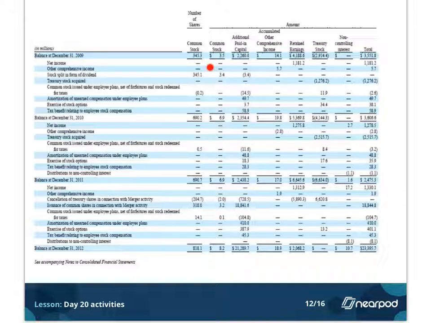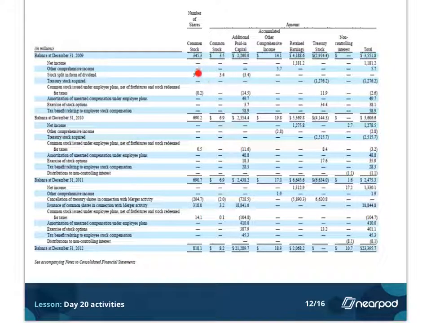Another way you'd look is you could say, look, it came out of paid-in capital and went right into common stock, 3.4, 3.4. So that's how you know there wasn't the market value, which would have been from a small stock dividend.